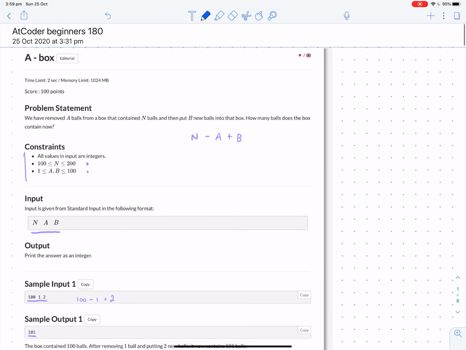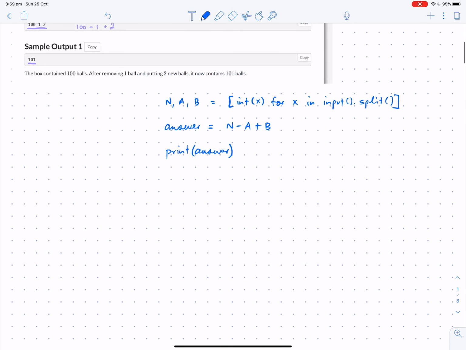Remember, this is AtCoder's Beginner Contest 180. If you're not familiar with it, you can go to atcoder.jp and just look back through the recent announcements until you find Beginner Contest 180.